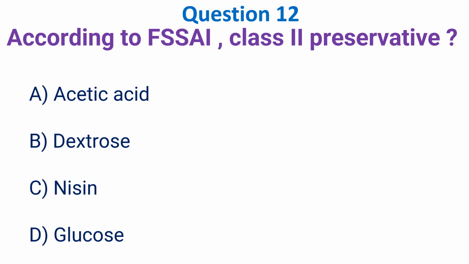What is class 1 and class 2 preservative? Class 1 preservative belongs to natural sources which also exhibit a preservative effect in food.